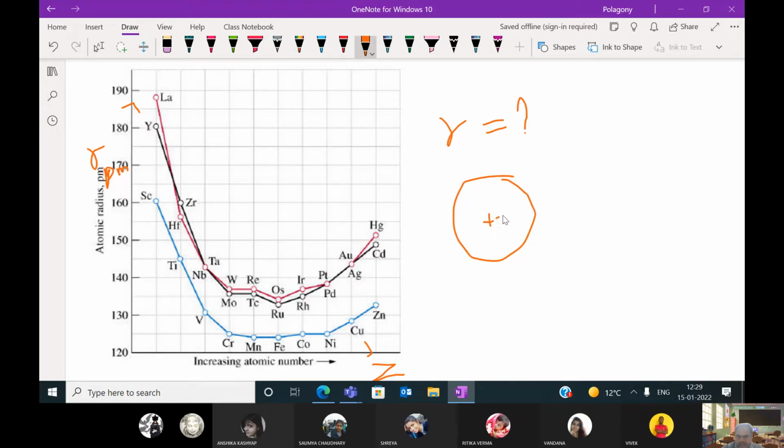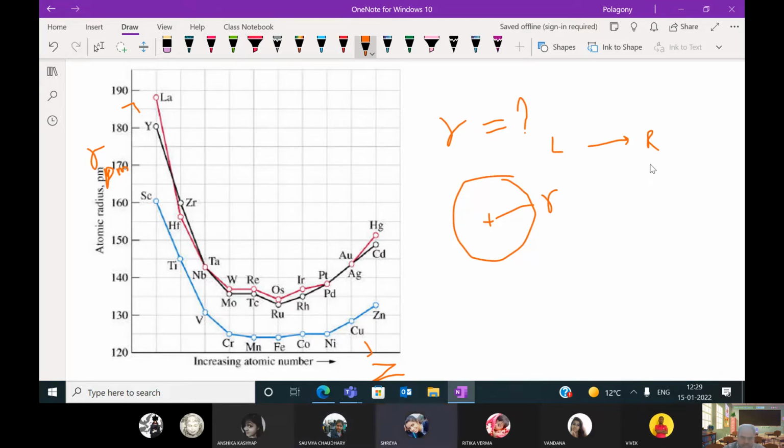So, from left to right in the 3D series or 4D series, does the atomic radius increase or decrease?